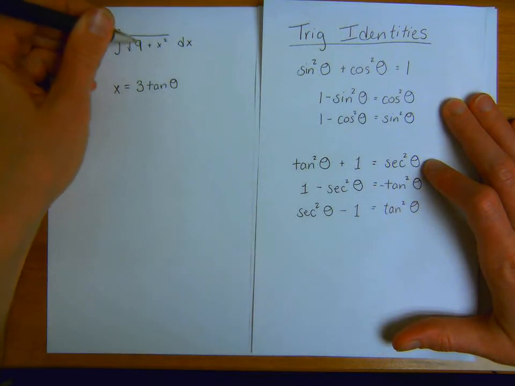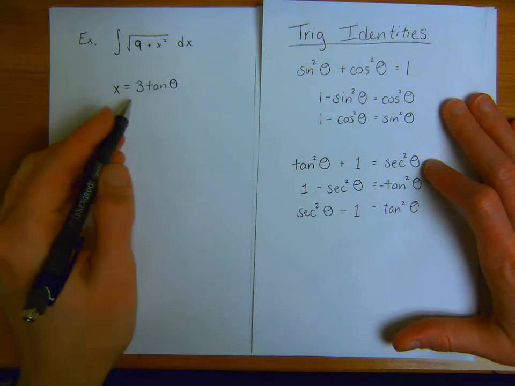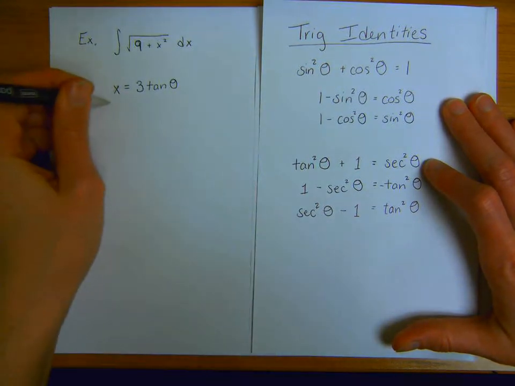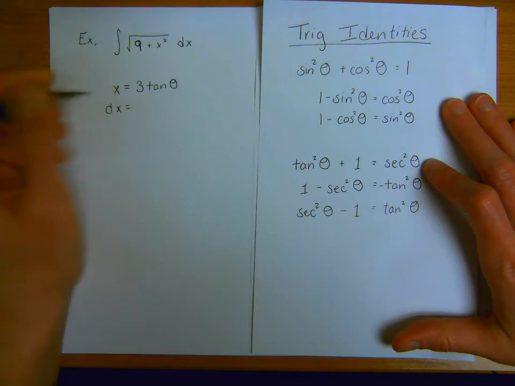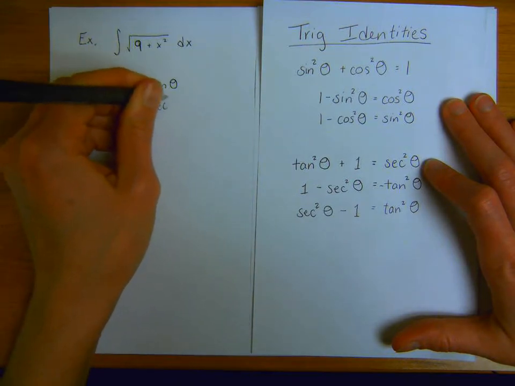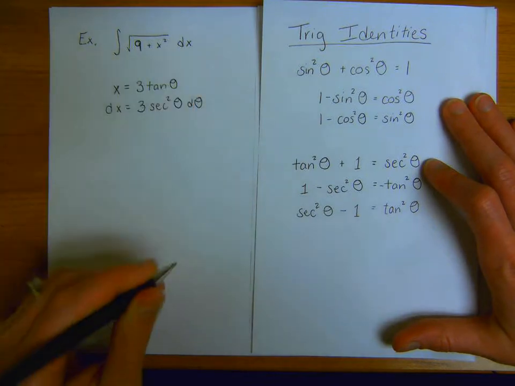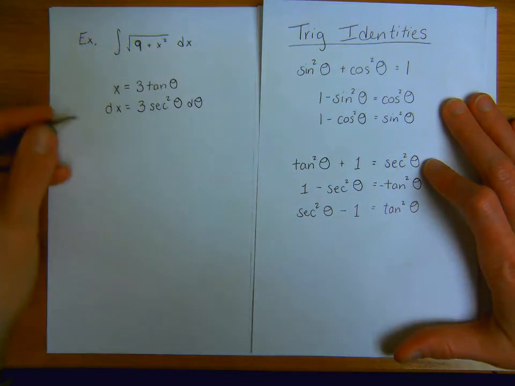Or I guess I called it a squared in some of the forms. All right, so now we have our candidate for x. That means that dx, the derivative of tangent is secant squared theta d theta.